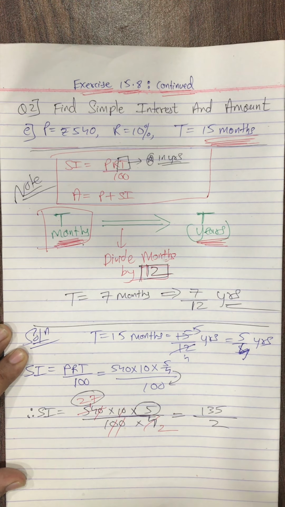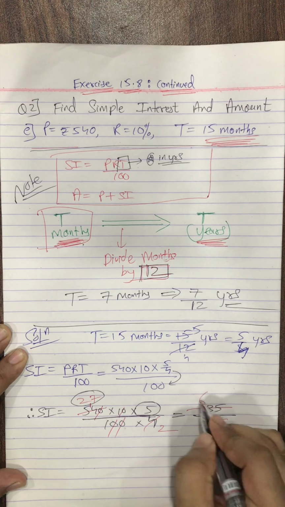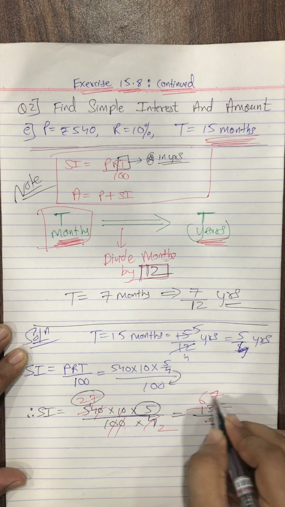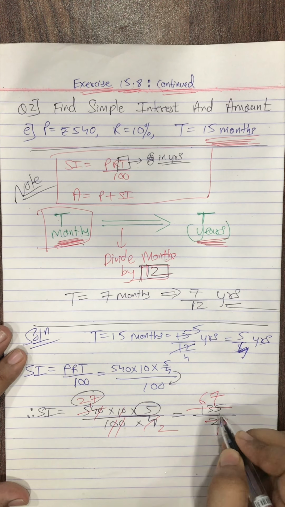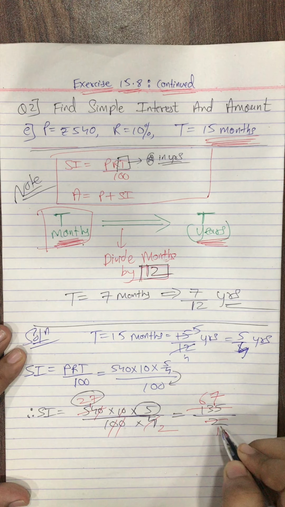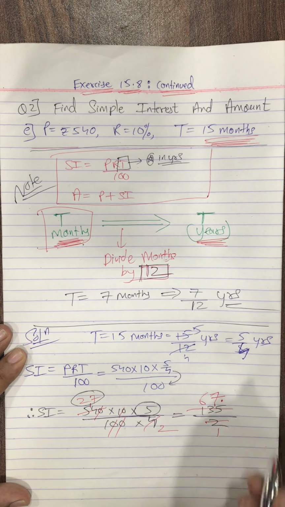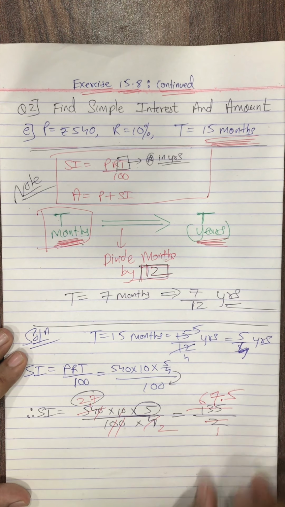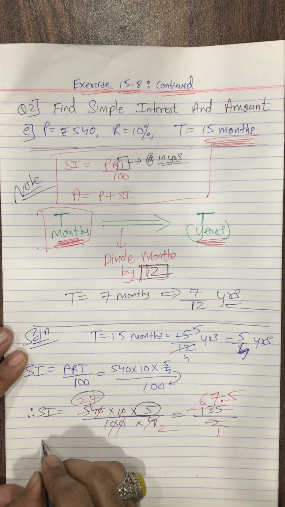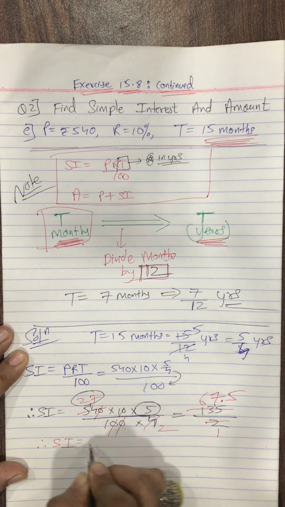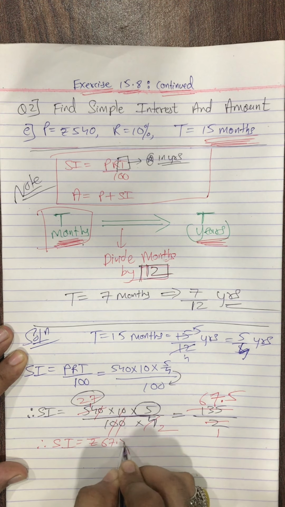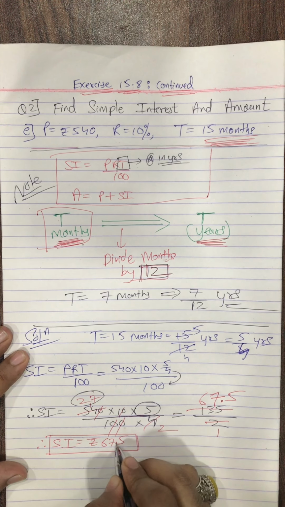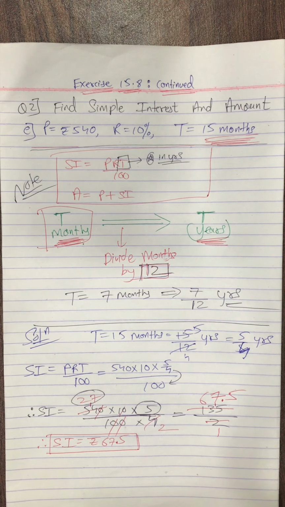Now let's do the division. 2 ones are 2, 6 is 12, carry 1, it's 15. 2 sevens are 14, so the remainder is 1. 1 is less than 2, so put a decimal point, and append the 1 with a 0, becomes 10. You can do that division. We get 67.5. Therefore, students, we got simple interest as rupees 67.5. Always put this rupee symbol or 1 mark will be deducted.